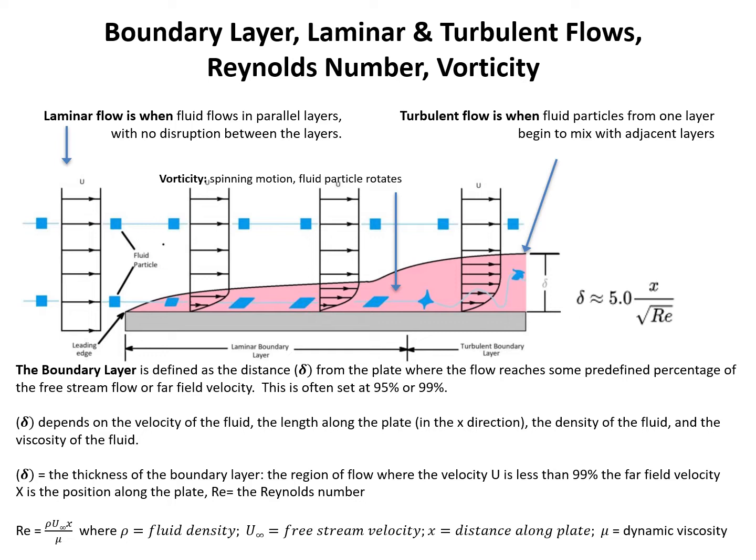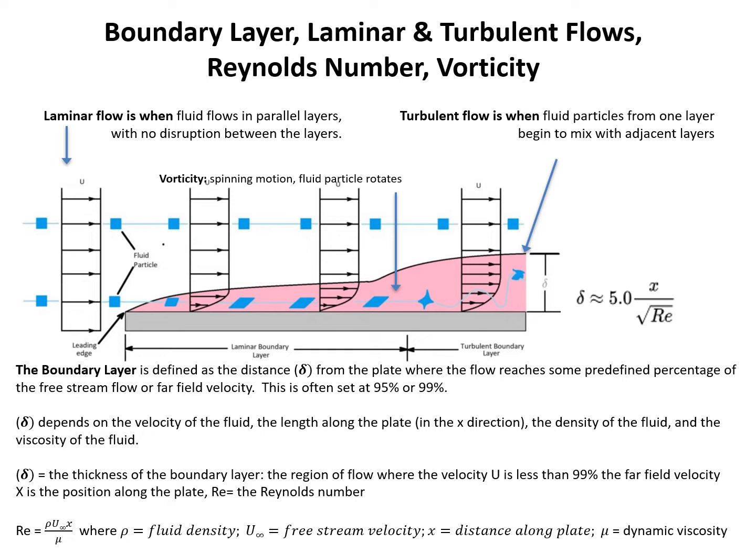And you'll notice that there's sort of an abrupt transition. The flow is initially laminar, but as it progresses, it becomes turbulent. And what that means is the fluid particle that was in this closest layer, not only is it rotating and spinning and has vorticity, but it starts mixing with the layer above it.